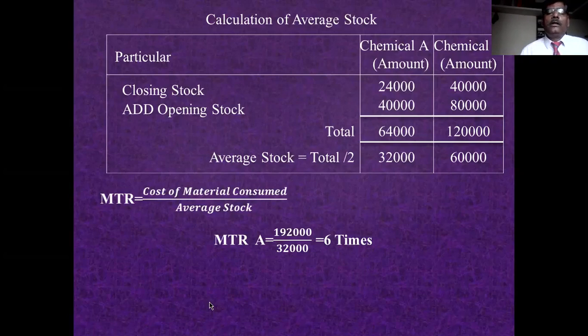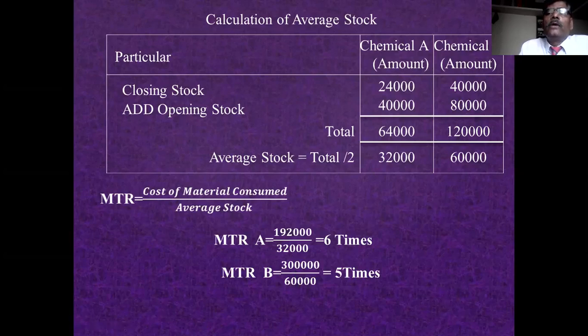That is material A. And if you come to material B, 3 lakh is material consumed. Average stock is 60,000. 3 lakh divided by 60,000 is equal to 5. 5 times means in a year you have to fill 5 times.